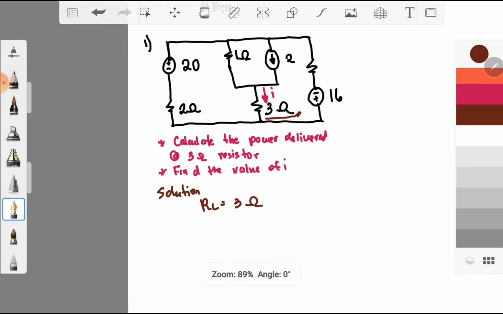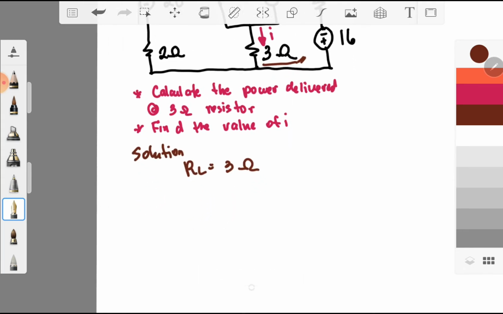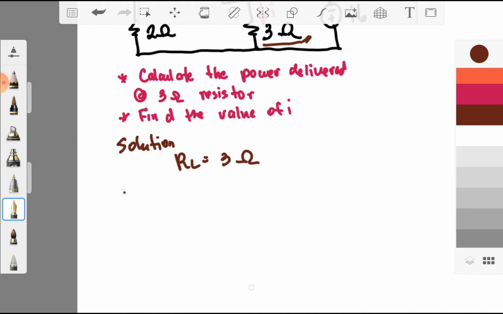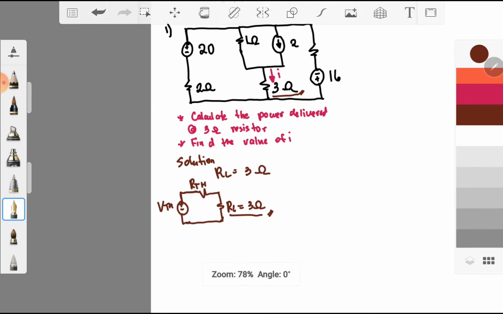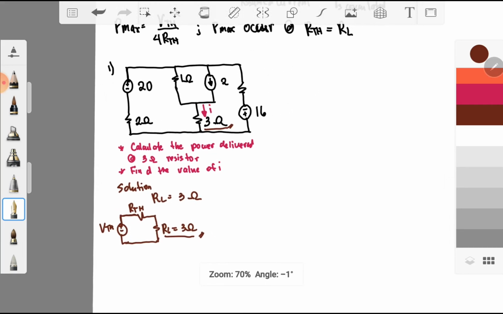Okay, the best way to get your VTH and your IN is to first draw the circuit: your RTH, and then your RL, and then we have our VTH. So our RL is already equal to 3 ohm, right? What is missing is our RTH and our VTH. So how do we solve that?